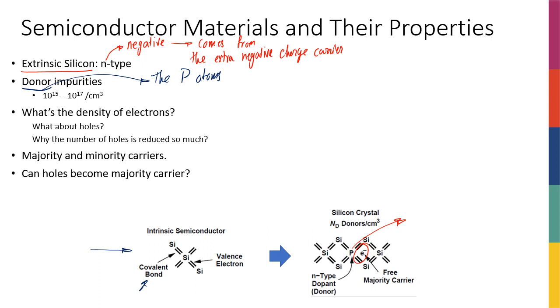Still, you can see that if the number of atoms is 10 to the power of 22, even when we are at 10 to the power of 17, we're saying that for every 100,000 silicon atoms, we're going to have one phosphorus atom. So that's good enough to have a really good semiconductor, really good level of conductivity, right?